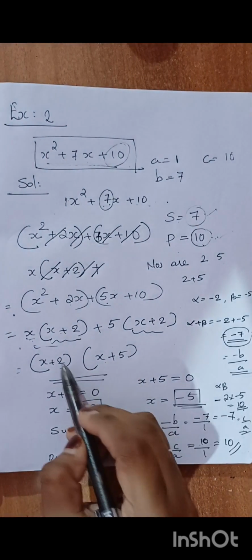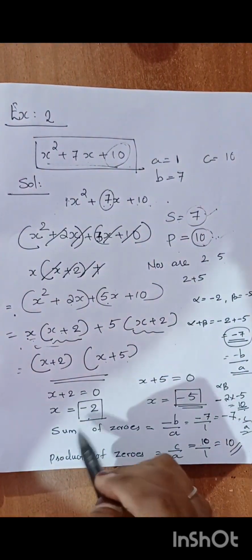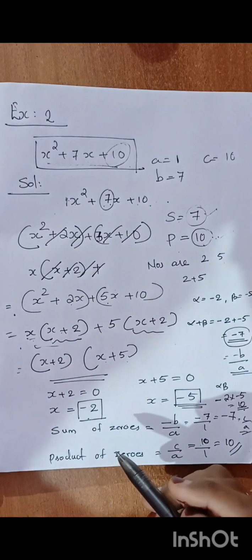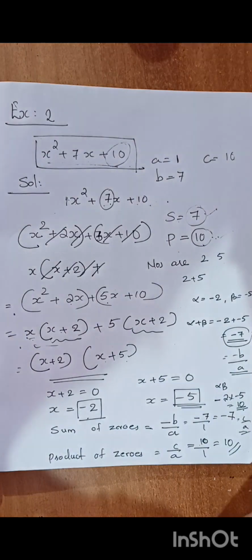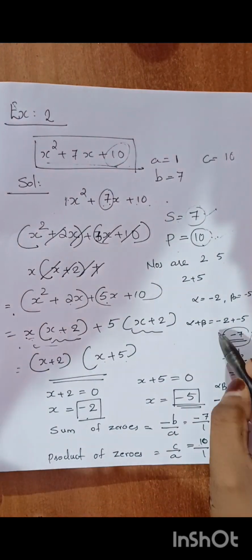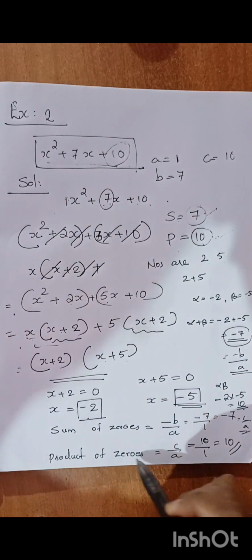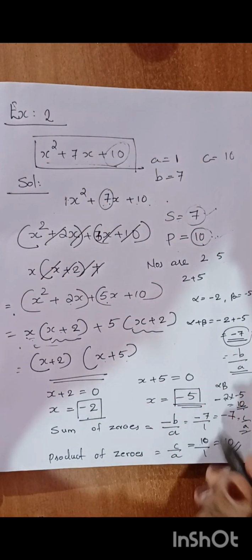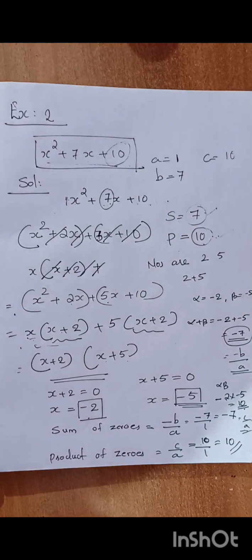Then you have to verify whether the sum of the zeros is equal to minus b by a, and also you have to check that the product of zeros is the same in both the conditions.